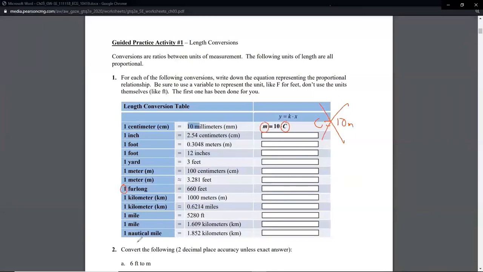So let me just make up a fake one. This is completely fake. Let's say that I said 1 calculator was equal to 7 oranges. What would the equation be that I could write out? Well, one calculator is 7 oranges, two calculators would be 14 oranges, et cetera.